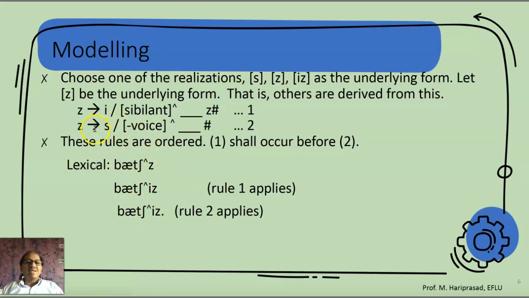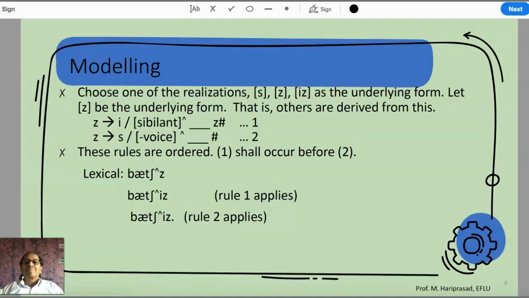Rule 2 will not apply here, because z becomes s only when preceded by a voiceless sound, and after the morpheme boundary you no longer find z.